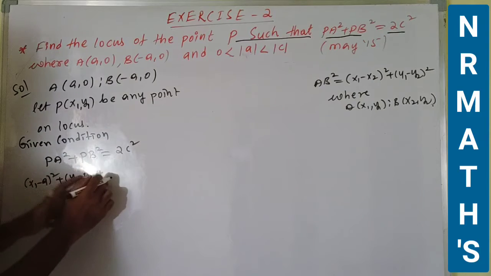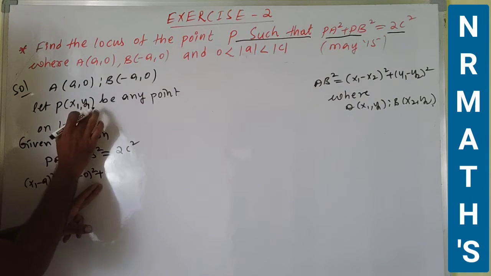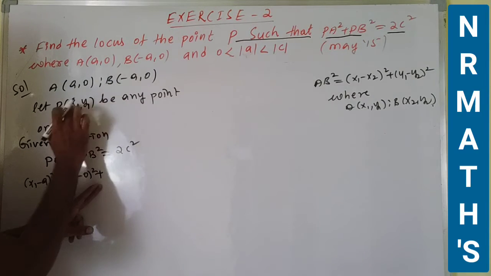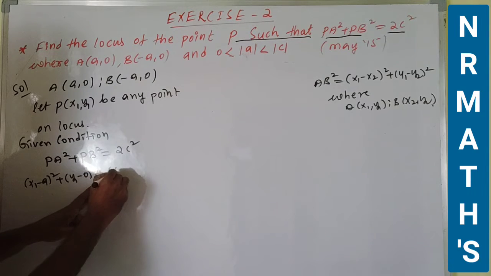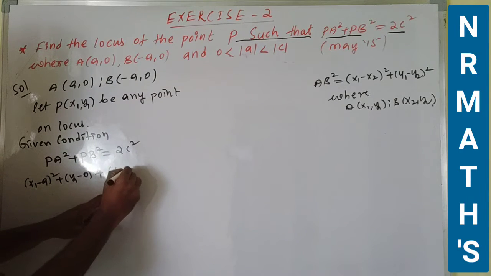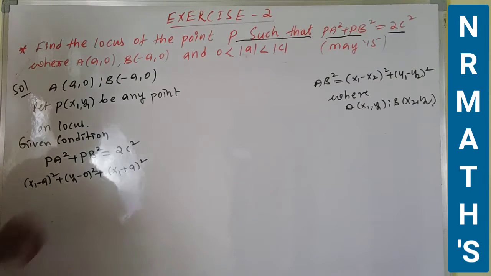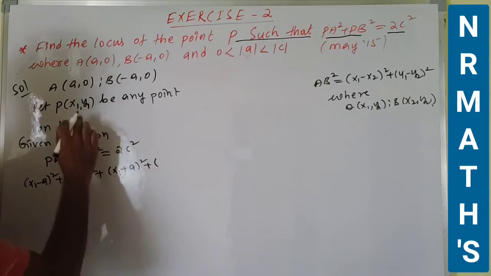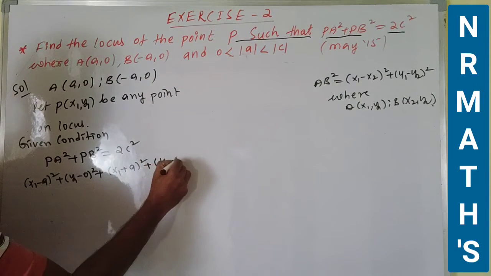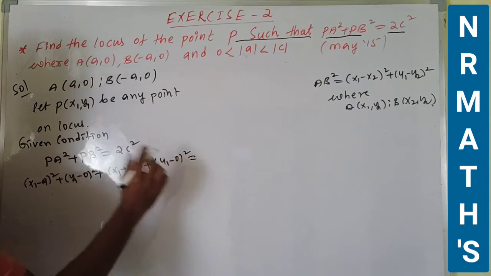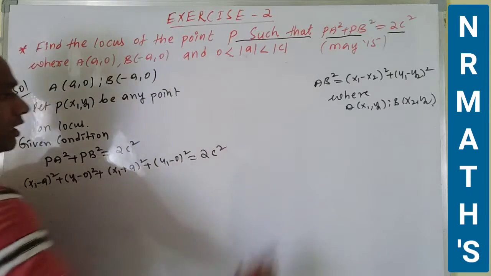Next, PB square: P is (x1, y1) and B is (minus a, 0), so we get (x1 minus of minus a) whole square, which is (x1 plus a) whole square, plus (y1 minus 0) whole square, and the sum is equal to 2c square.